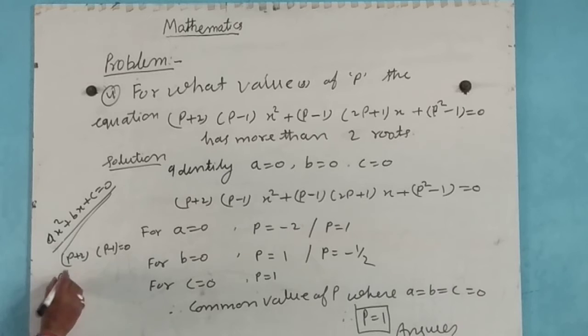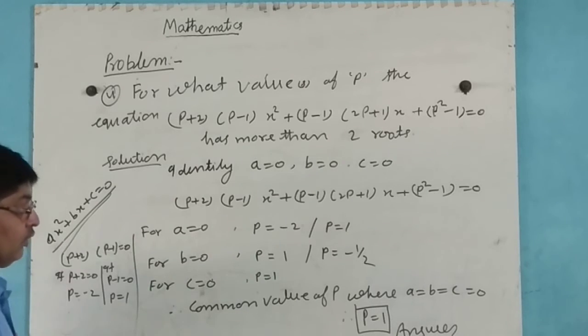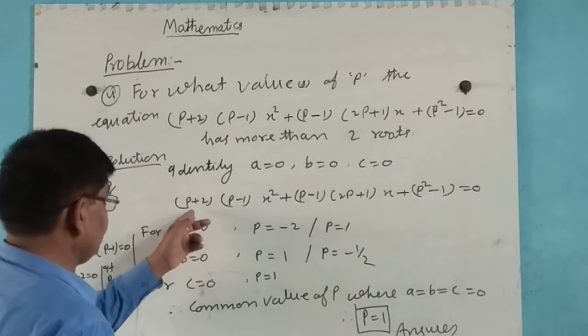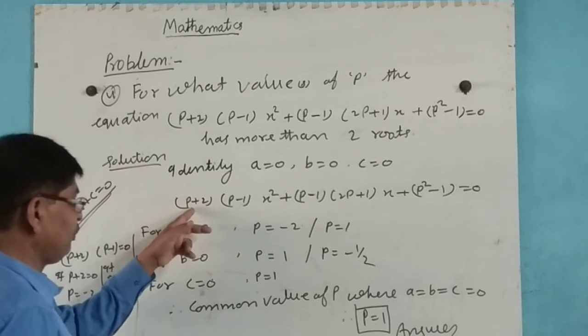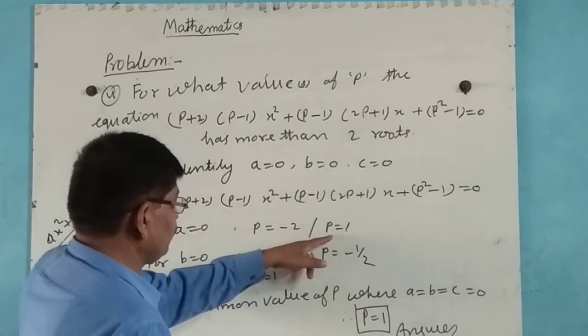If p plus 2 is equal to 0, p is equal to minus 2, and if p minus 1 equal to 0, p is equal to 1.